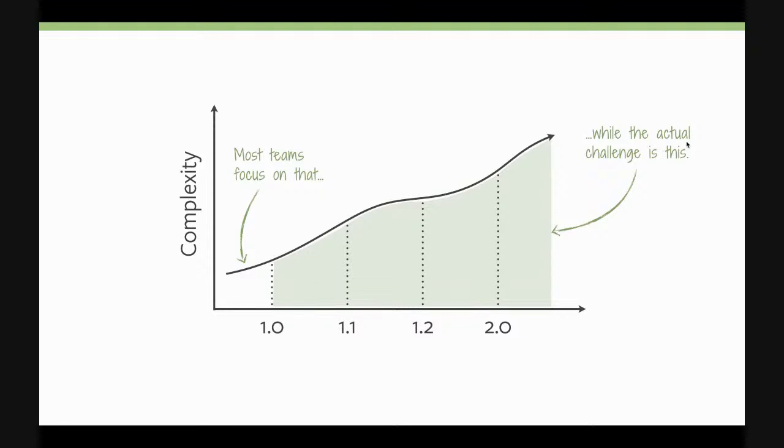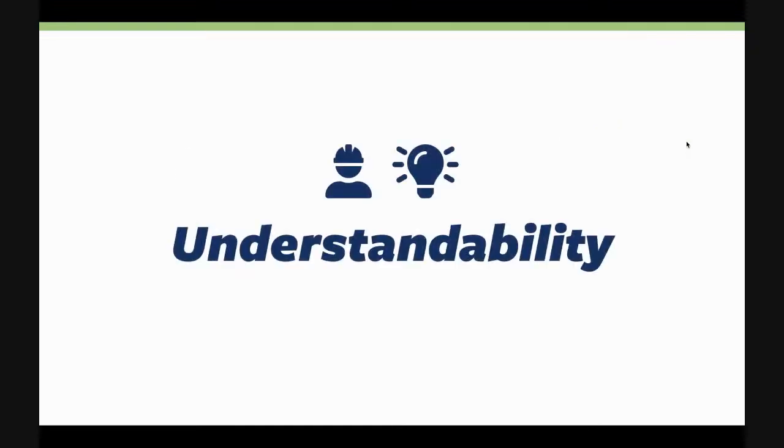So it's interesting to have a look at what you actually need to be able to do that productively. There are two primary concerns and two primary aspects that play into this. First is the topic of understandability. Unless you can actually understand a certain code base, a certain piece of software, a system overall, you're not going to be able to change it, right?